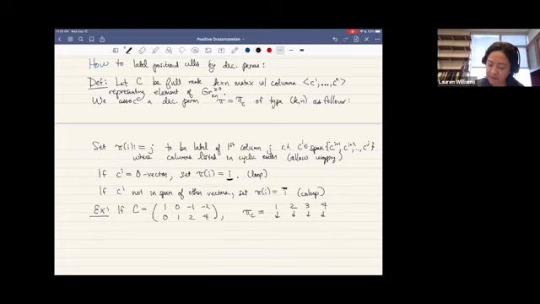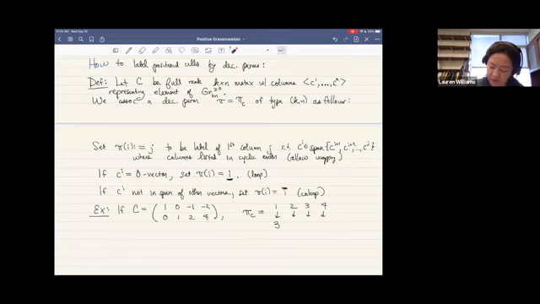To compute pi of 1, we start with column 1, and we look at the columns coming after it and find out when column 1 lies in their span. Column 1 is certainly not in the span of column 2, but it is in the span of columns 2 and 3. So this is 3.